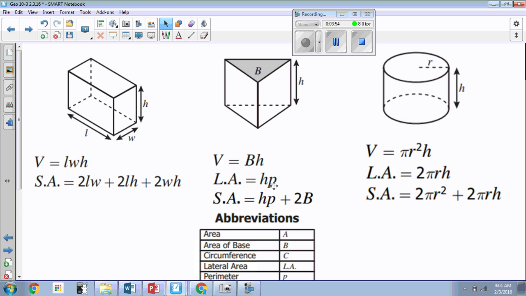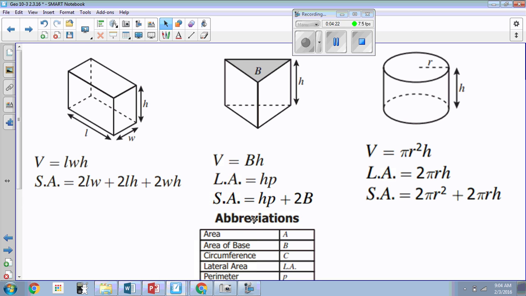So you see lateral is just H times P, where P is the perimeter of the base. If you can find the perimeter of that triangle, then you're in business. You just multiply that times the height, and you have your lateral area, which basically comes out like a big long rectangle that would get stretched around the sides of the thing.